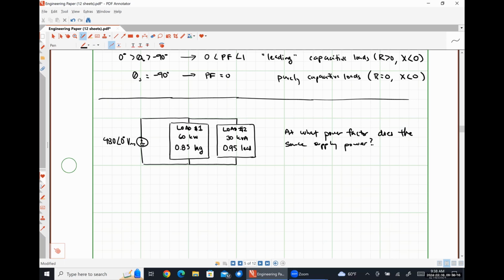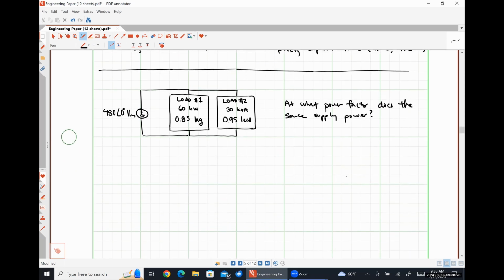So let's talk about our thought process here, which would be pretty quick. I am suggesting that the complex power supplied by my voltage source will be equal to the complex power absorbed by load number one plus the complex power absorbed by load number two.